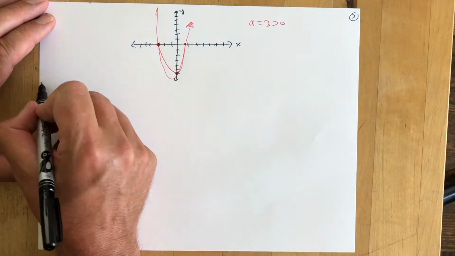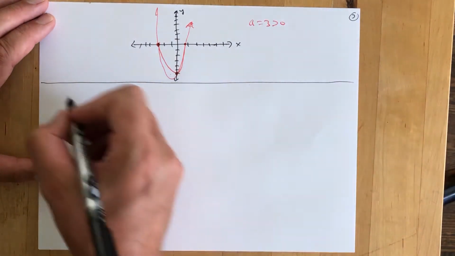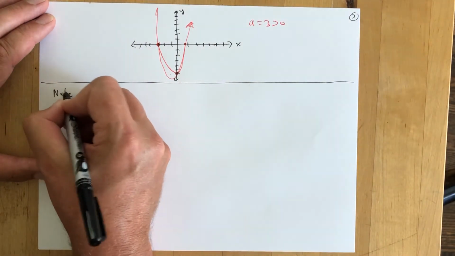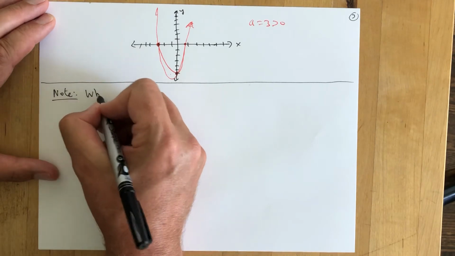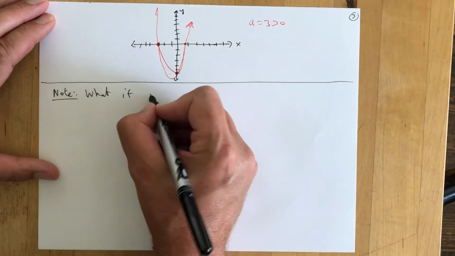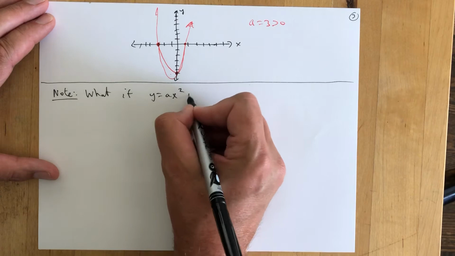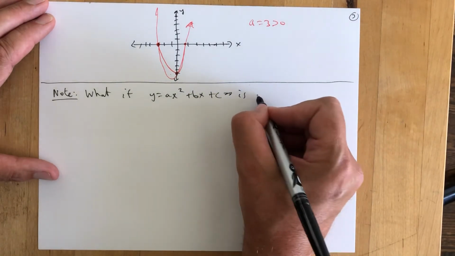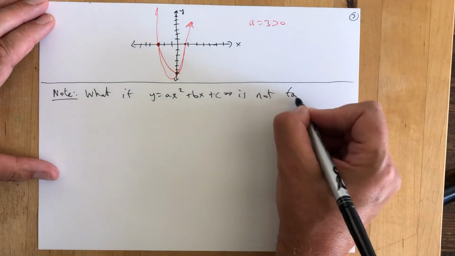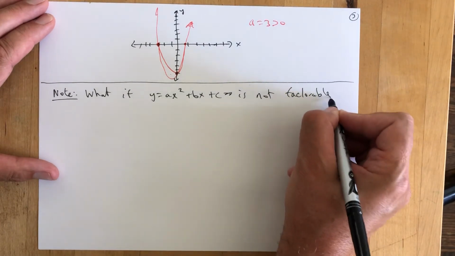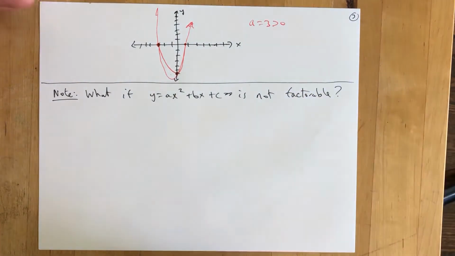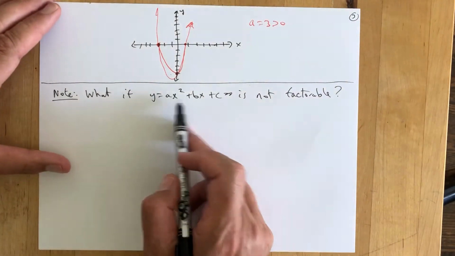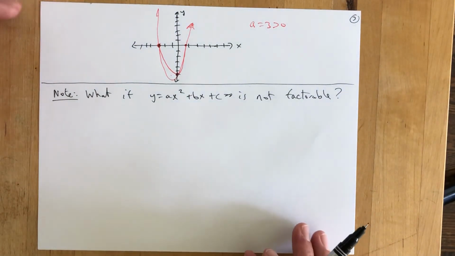So note. What if this thing is not factorable, right? What if you can't factor the left-hand side of this thing to get the x-intercepts?